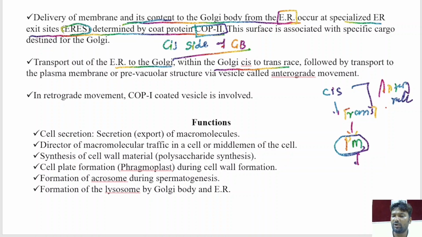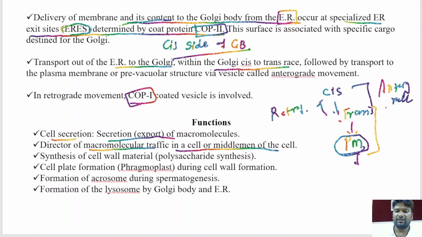This is called anterograde movement, while the opposite of this is called retrograde movement, and in this COPI proteins are involved. And the functions of the Golgi body are cell secretion, meaning secretion of macromolecules, director of macromolecule traffic in a cell or middleman of the cell, because it transports the macromolecules, synthesis of cell wall materials like polysaccharide synthesis.